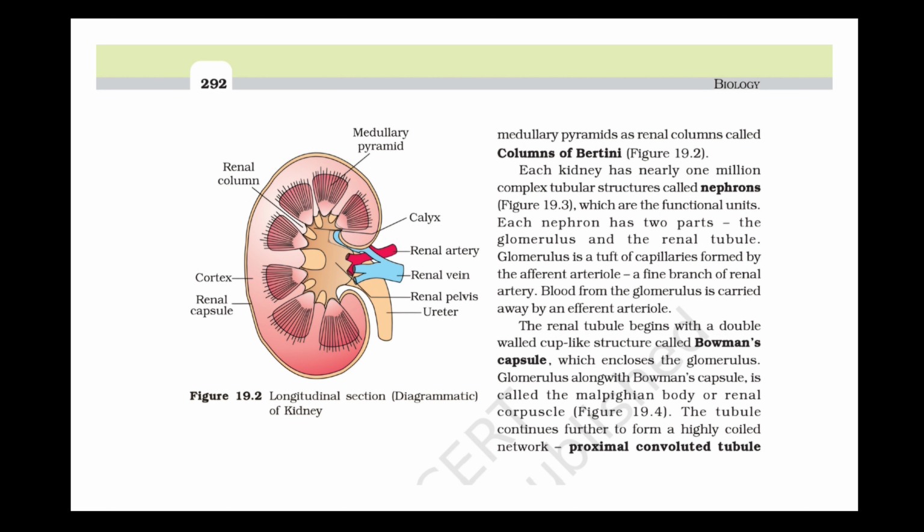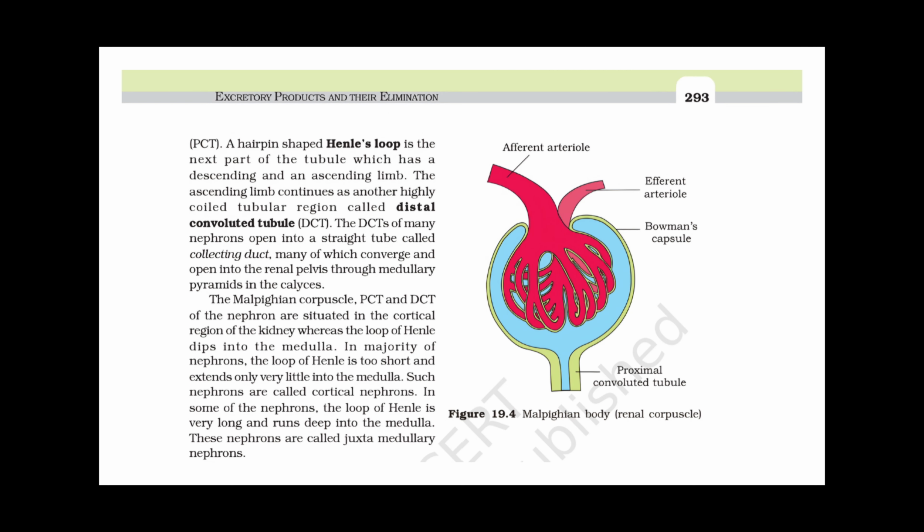The tubule continues further to form a highly coiled network, the proximal convoluted tubule, PCT. A hairpin-shaped Henle's loop is the next part of the tubule, which has a descending and an ascending limb. The ascending limb continues as another highly coiled tubular region called the distal convoluted tubule, DCT.